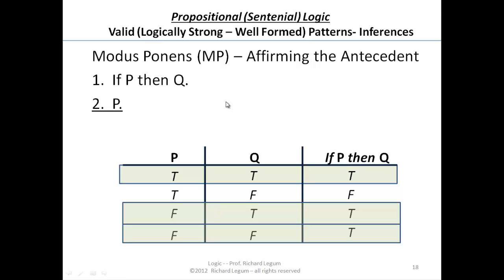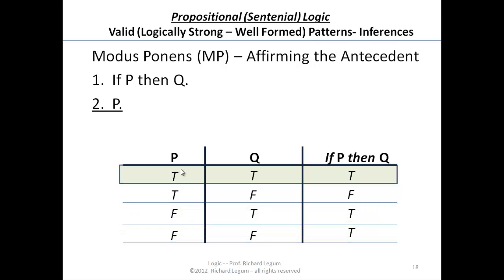Now, if our second premise is that P is true, we can only look at cases where P is true. If we're looking at P, it's true in the first two cases, not in the last two cases. So from these two premises, we have to have both of these true, and there's only one case in which both if P then Q is true and P is true, and that is the first case.